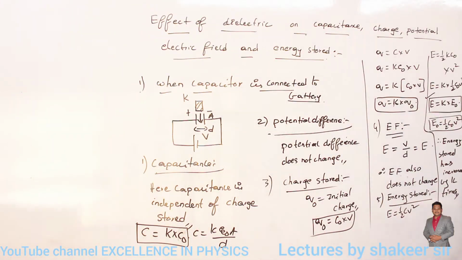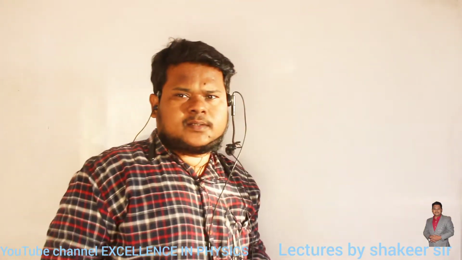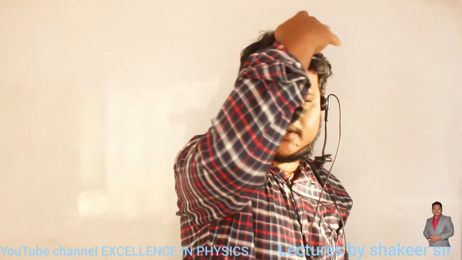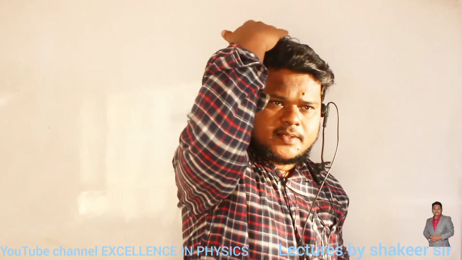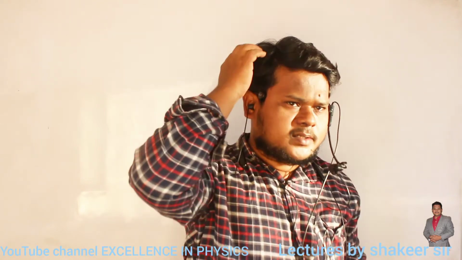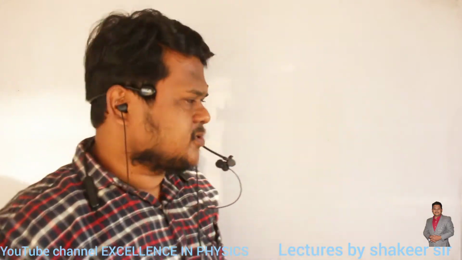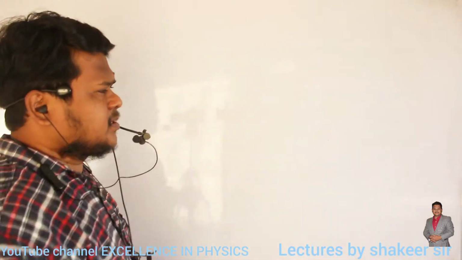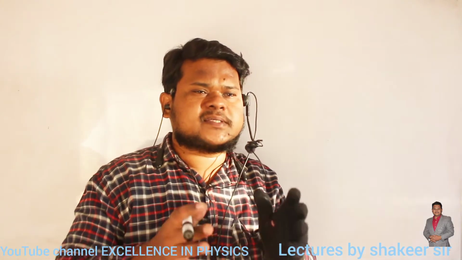So yesterday we were studying the introduction of a dielectric and what the different changes in parameters are when a dielectric is introduced. Yesterday we studied insertion of a dielectric when the battery is connected.